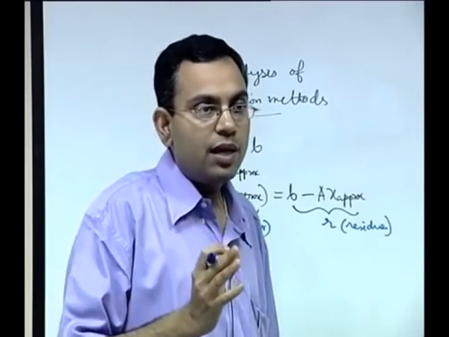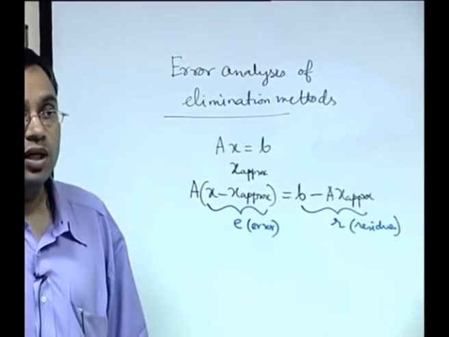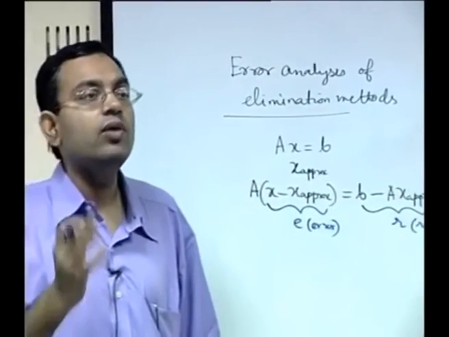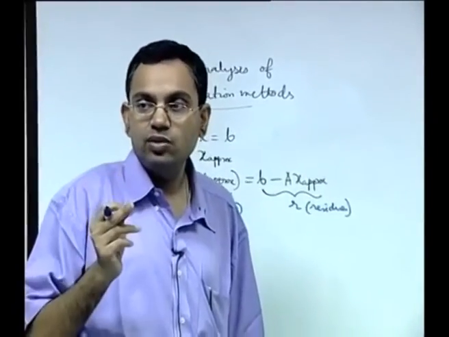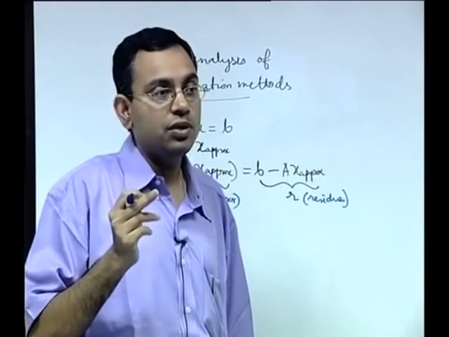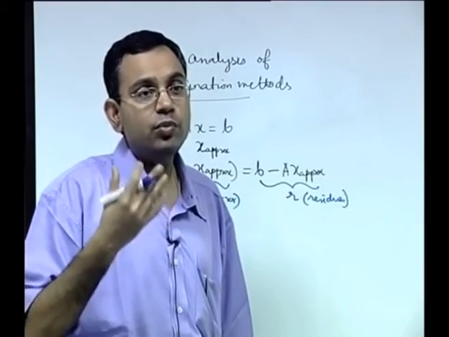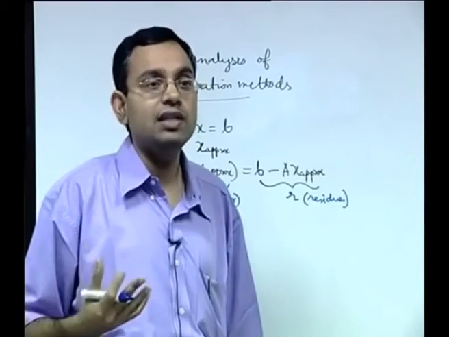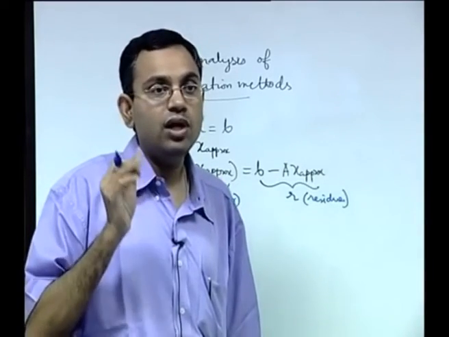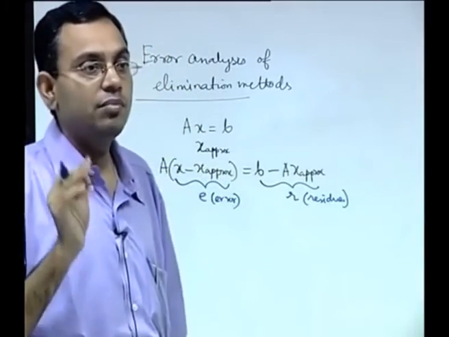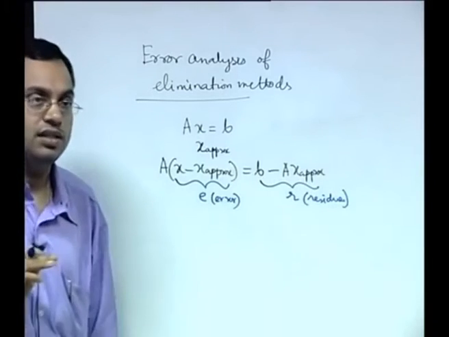You are coming up with an approximate solution, you do not know the exact solution, because if you knew the exact solution, why would you go for an approximate solution? Without knowing the exact solution, you are interested to make an estimate of the deviation from the exact solution. That estimation, not the exact quantification, is the objective of your error analysis.